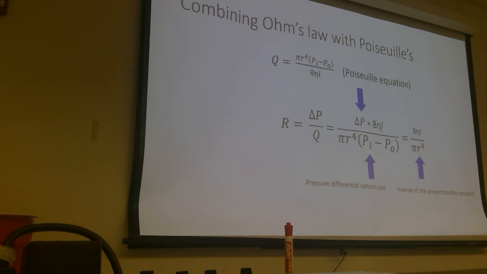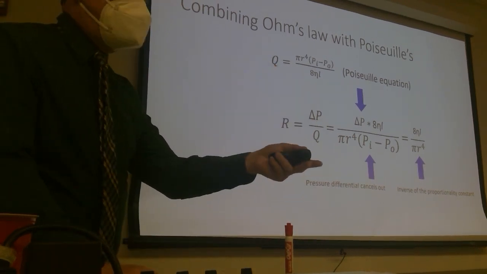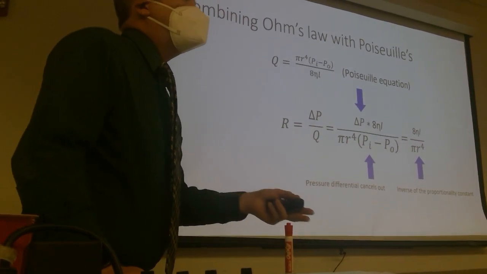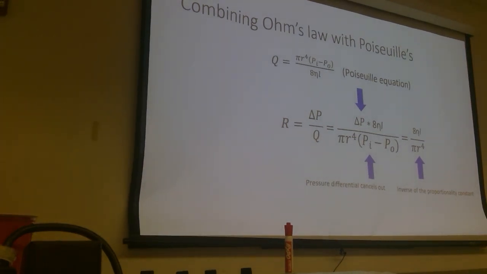Does that make sense? You said if you reduce the diameter by 1/2. Or radius. Diameter is twice the radius, so I should have said reduce the radius by 1/2, but it's the same principle. So if I'm reducing the radius by 1/2, then it's going to increase the resistance by 16 times. So small changes in the vessel radius can have huge impacts on the resistance.